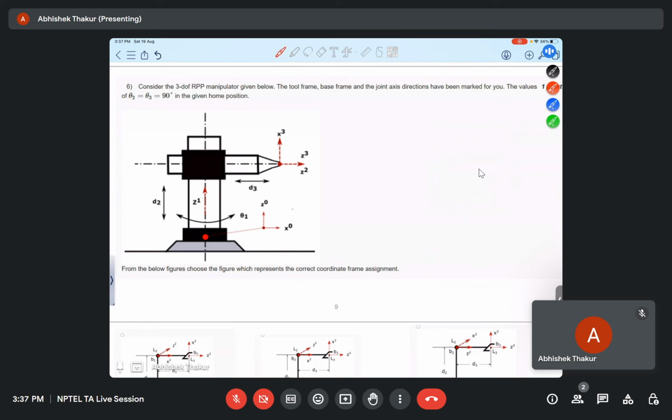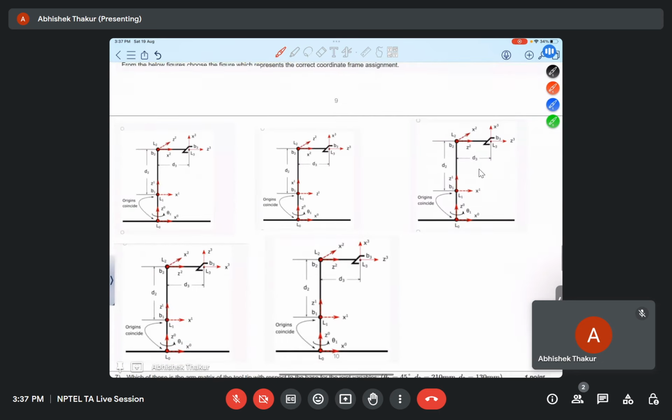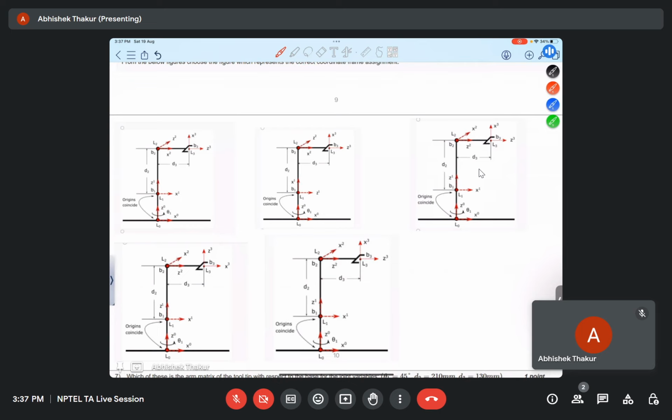We have to assign the coordinate frames, and below are the five options. From these options, we have to choose which one is the correct one.